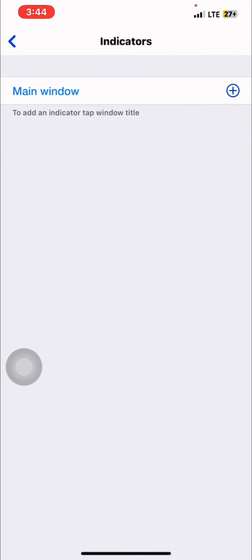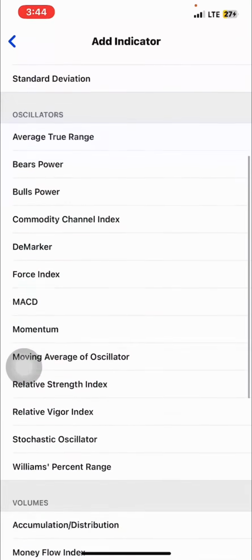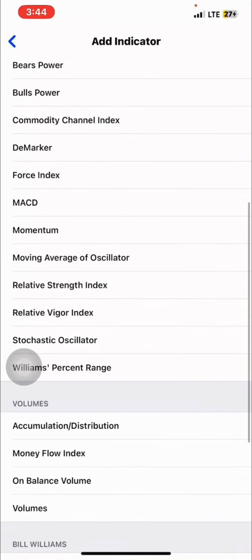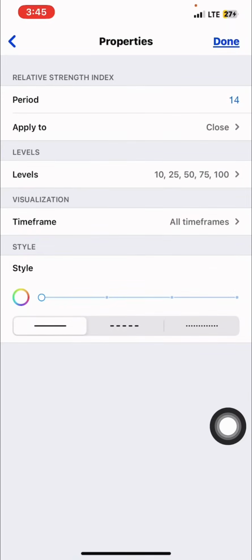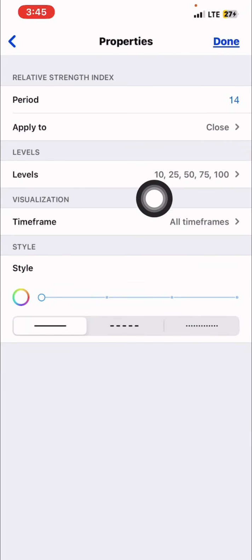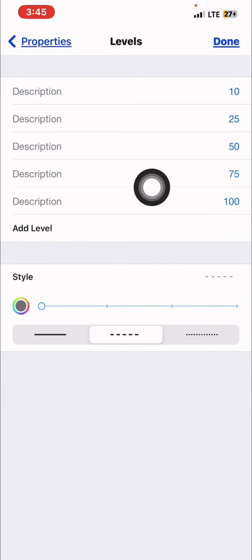So the first indicator you want to add is your RSI, your relative strength index. So these are your parameters. Your period is 14, apply to close. The levels are 10, 25, 50, 75 and 100.